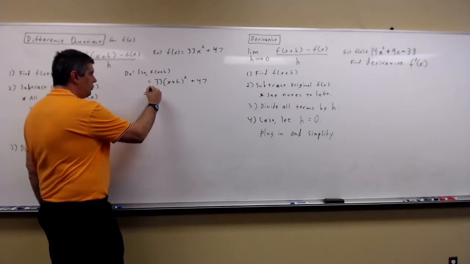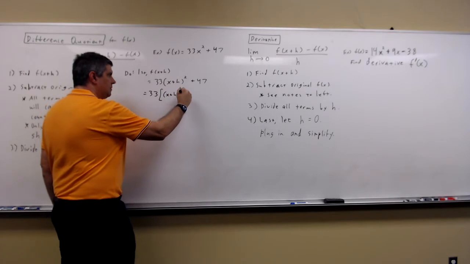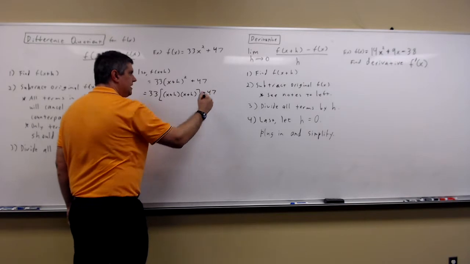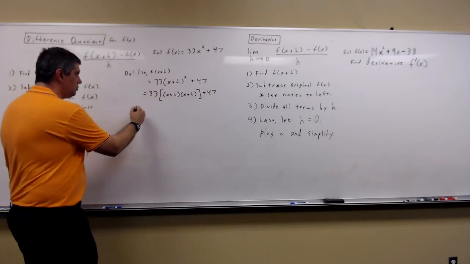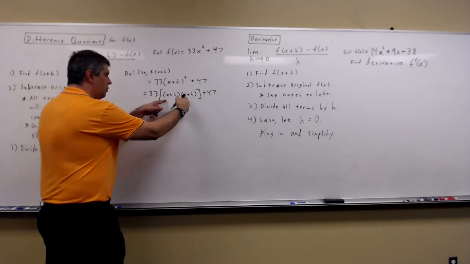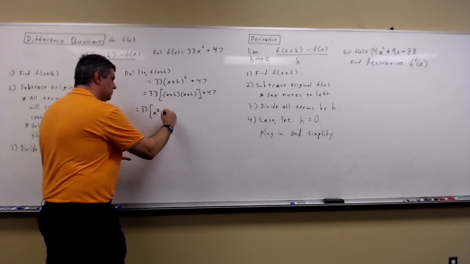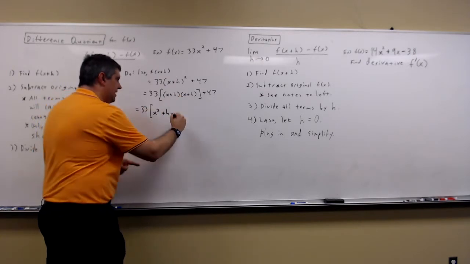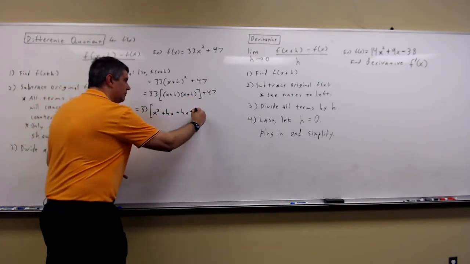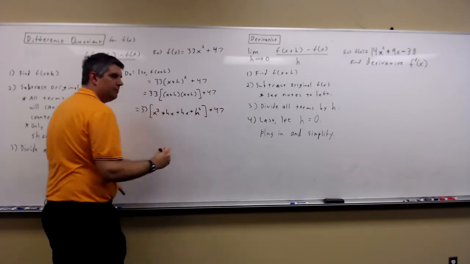So this will be 33 times bracket x plus h squared plus 47, which will give me 33 times x squared, outer terms hx, inner terms hx, last terms h squared, plus 47.